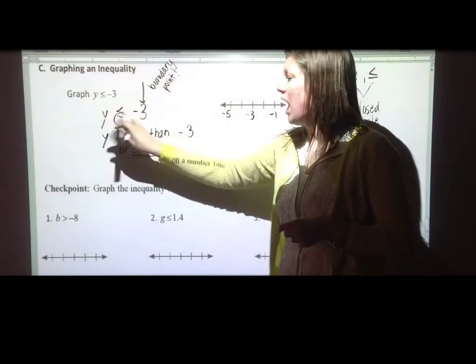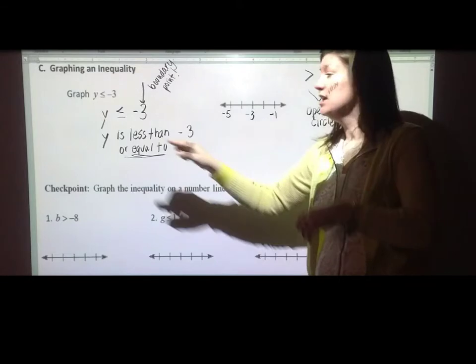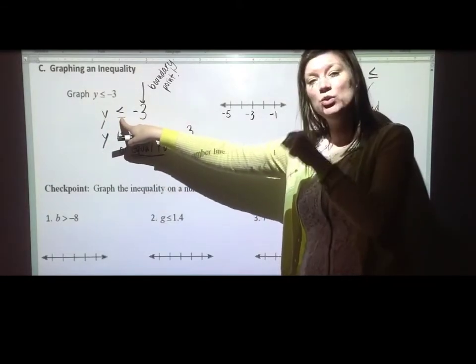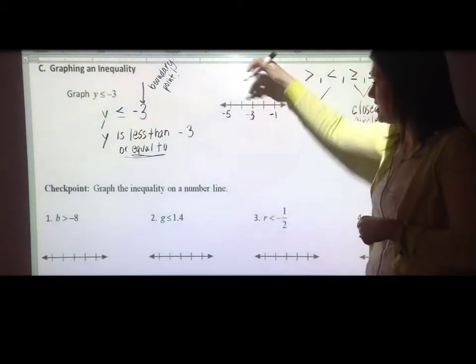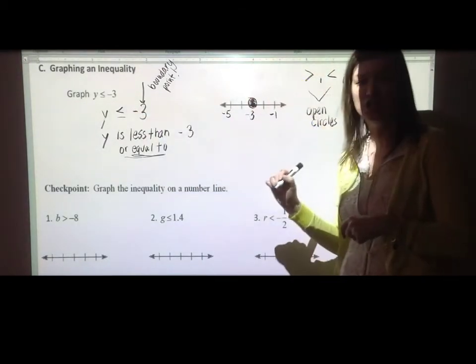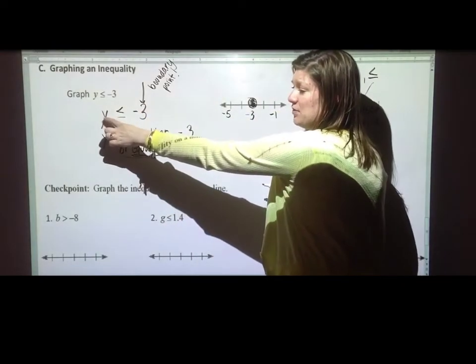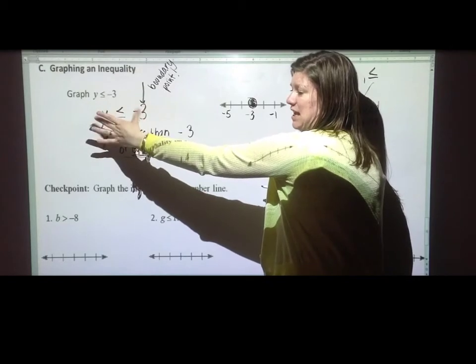So can y be equal to -3? That's the question. Since y has the equal to bar, it can be -3. So on my circle, I have to include that in my shaded region, because this answer for y can be -3 to make this inequality true.